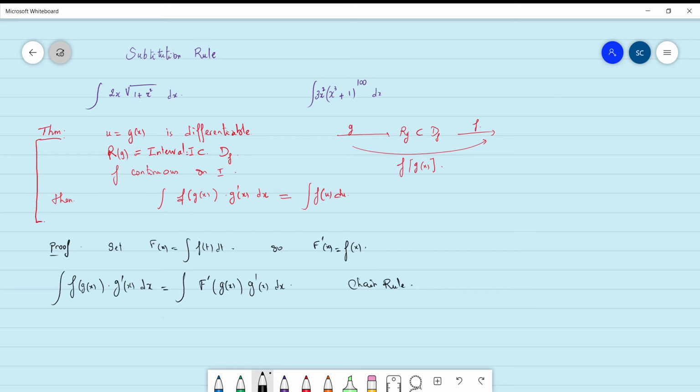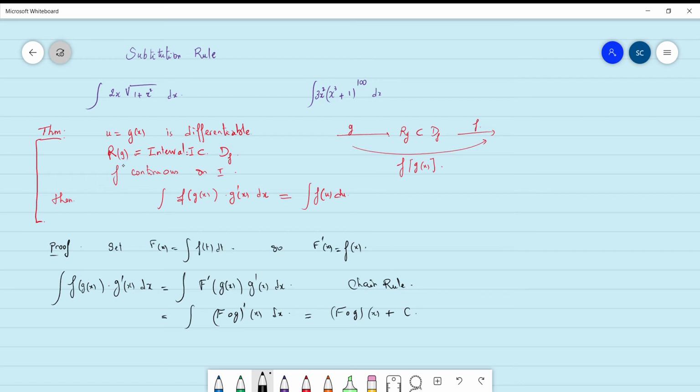So I can write it as the derivative of F of g at x, dx. And now an antiderivative of this function is F of g, and the general one is plus a constant.